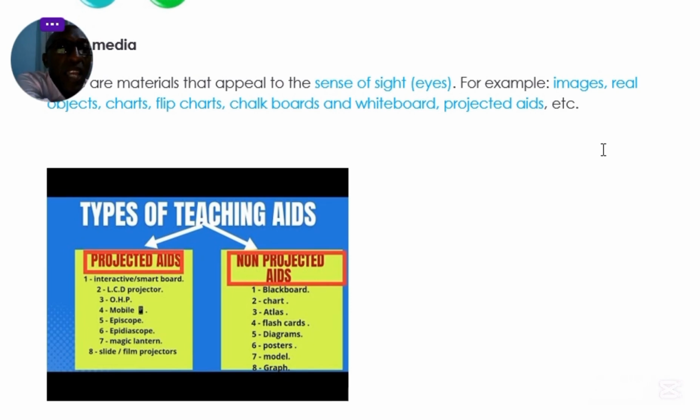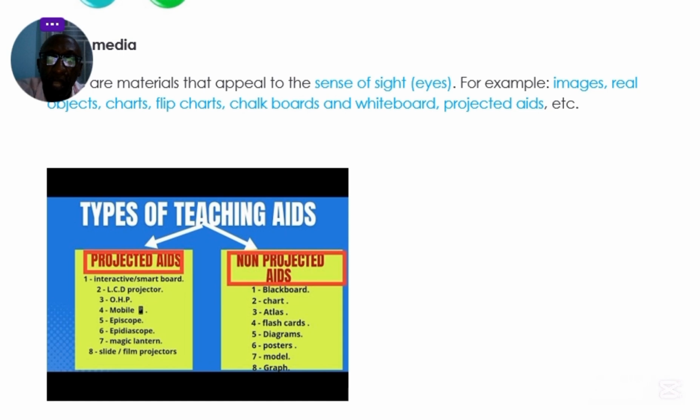What does this involve? The chalkboard. Chalkboards, whiteboards, projected aids, flip charts, or the charts that you teachers love very much. It could include real objects. All that falls under the visual media. In other words, it's using the sense of the eyes.